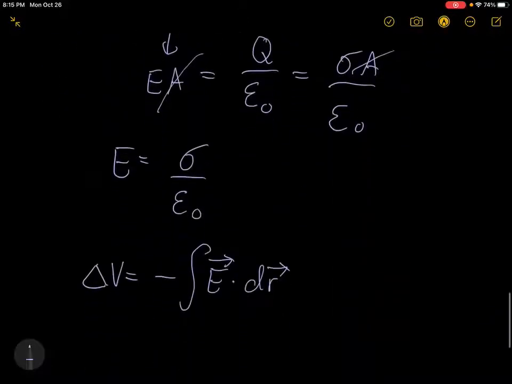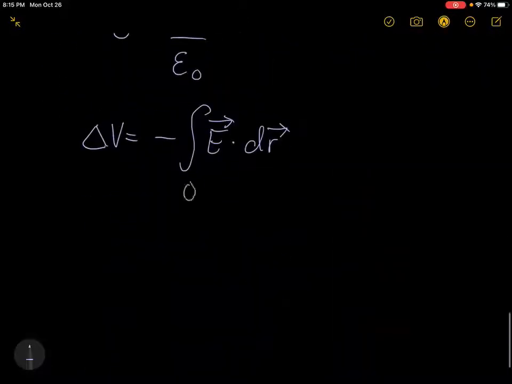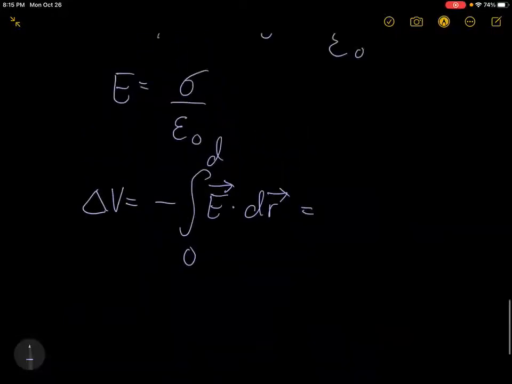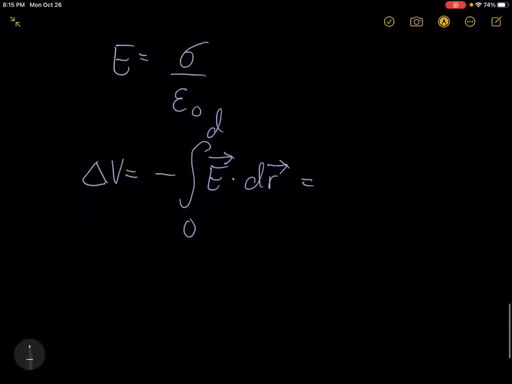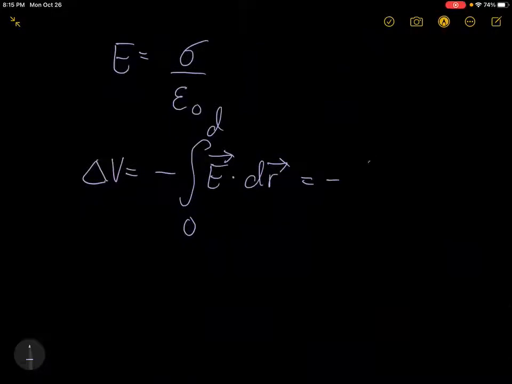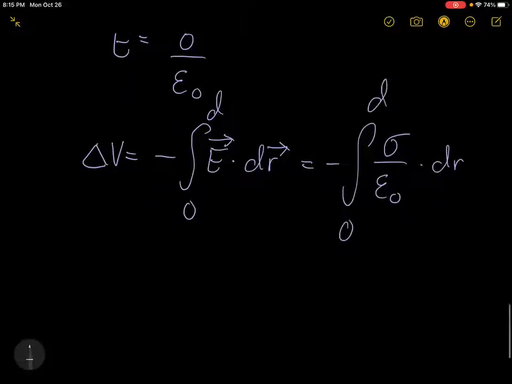So then we can set up our bounds as from 0 to d. And we already calculated the value for E, which is sigma over epsilon naught. So we can then rewrite this as the integral of sigma over epsilon naught times dr from 0 to d.